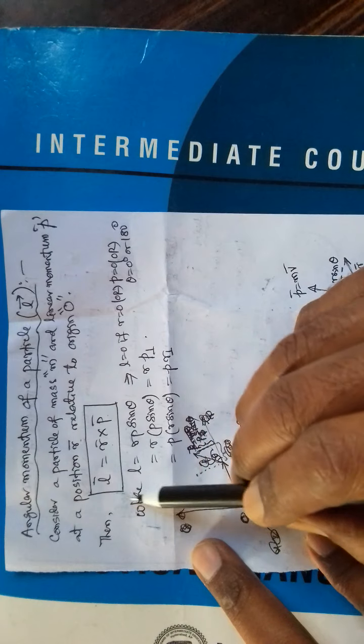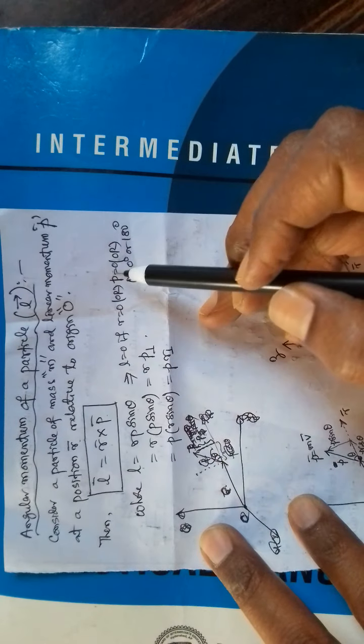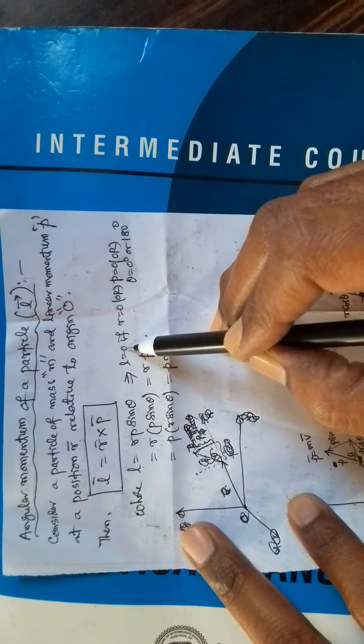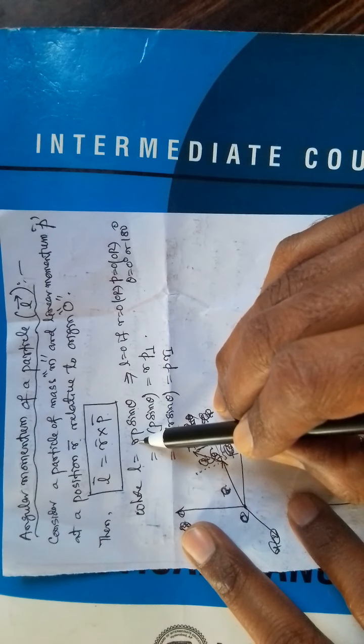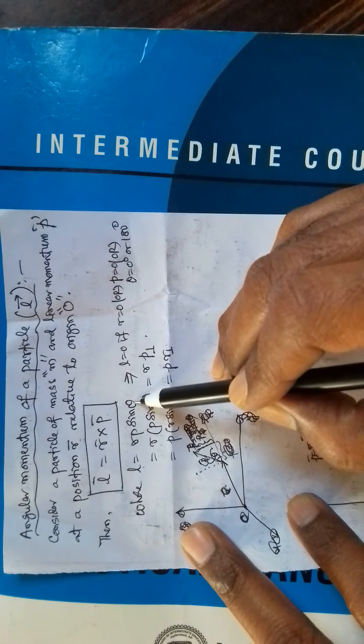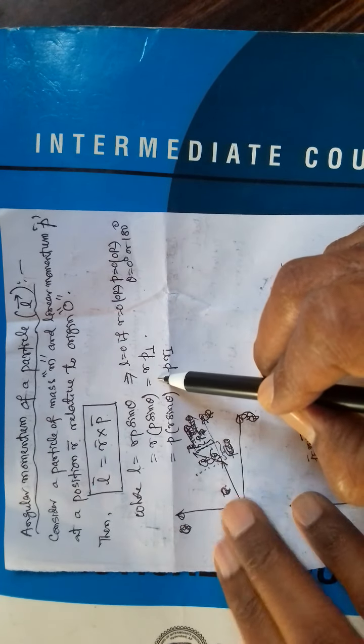Now its magnitude becomes r p sin theta, where theta is the angle between r and p vectors. Now this L becomes 0 when either r is 0 or p is 0 or theta is equal to 0 or 180 degrees.